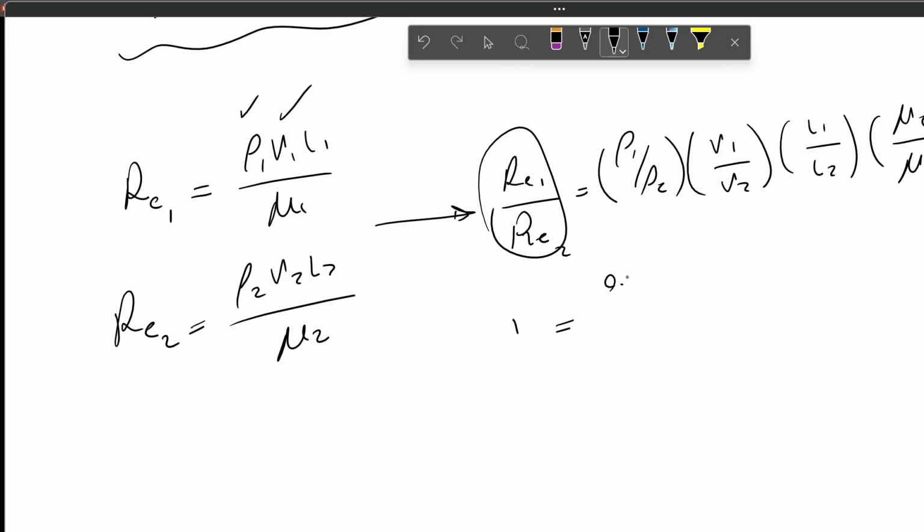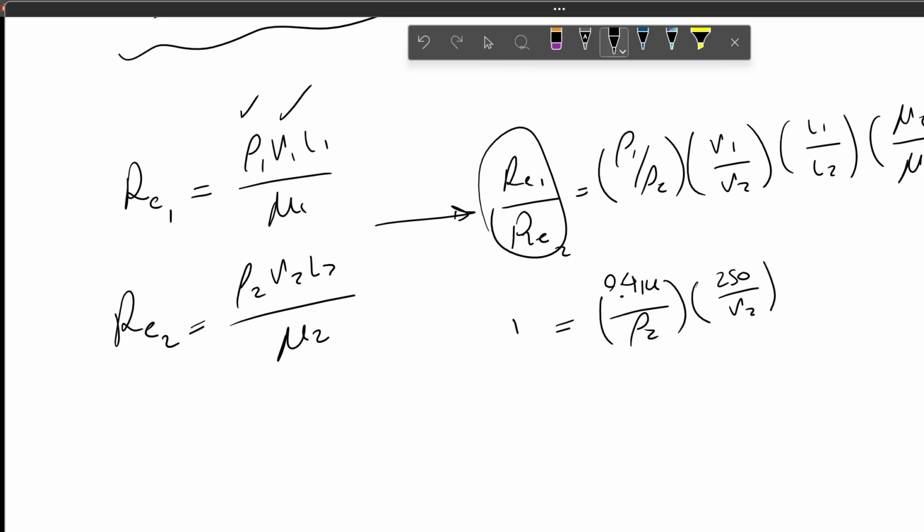We do have the value of density. What was the value of density? 1.4. And we also have the value of velocity, which was 250, right? What can you say about these length scales? We don't really have any value for length. So how can we get rid of these length scales?